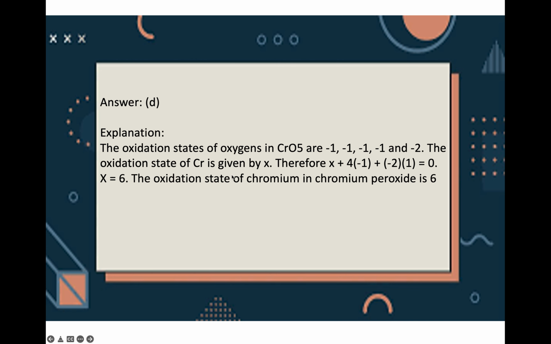So that is why in this particular compound we have 6 as the oxidation state for chromium. Hope you are not getting confused with the explanation. What I first said is that normally everyone will write +10 here, but it is not like that. In this particular compound, the oxidation state of chromium is 6. So that is why they normally ask this question in the exam.